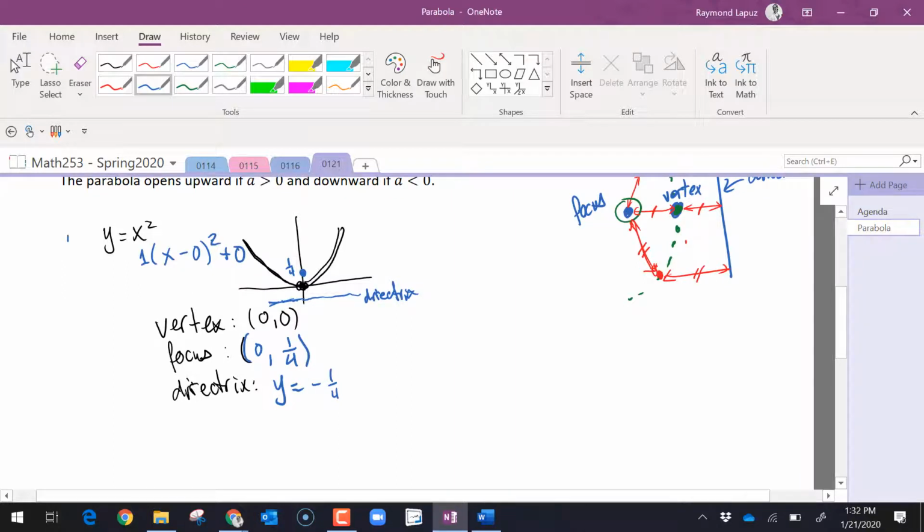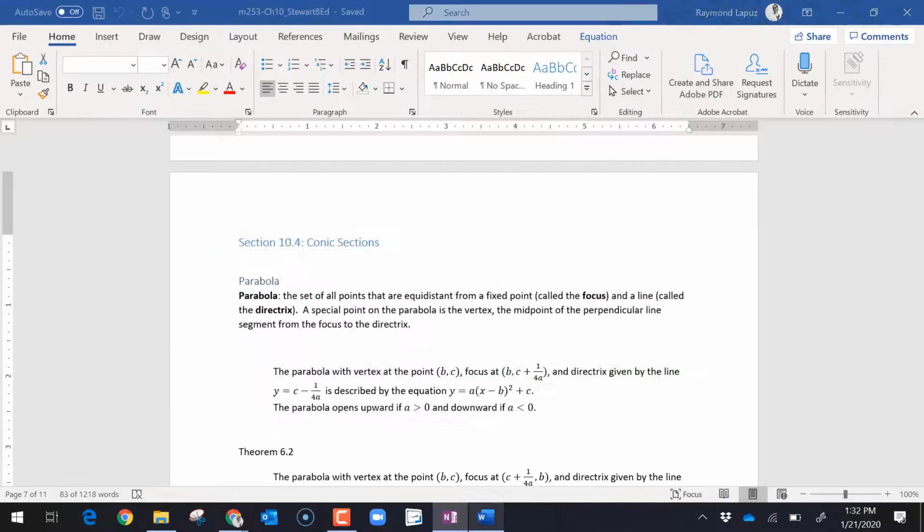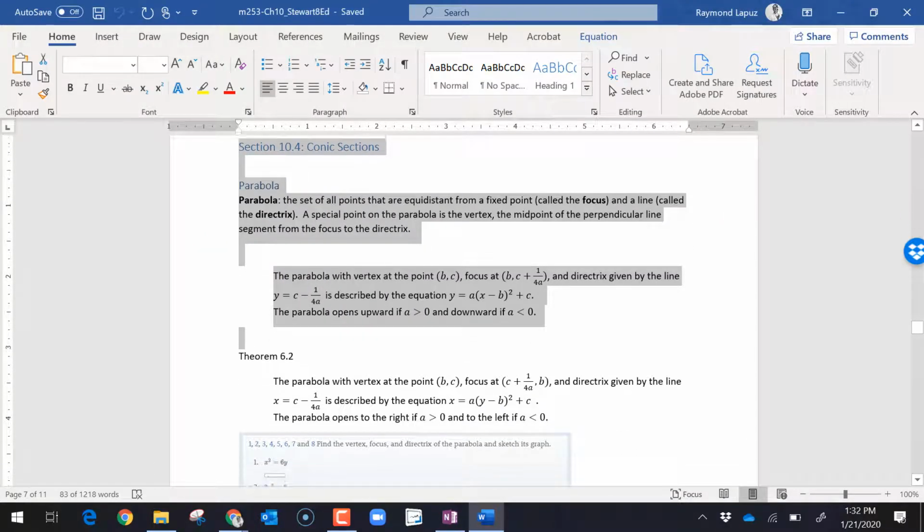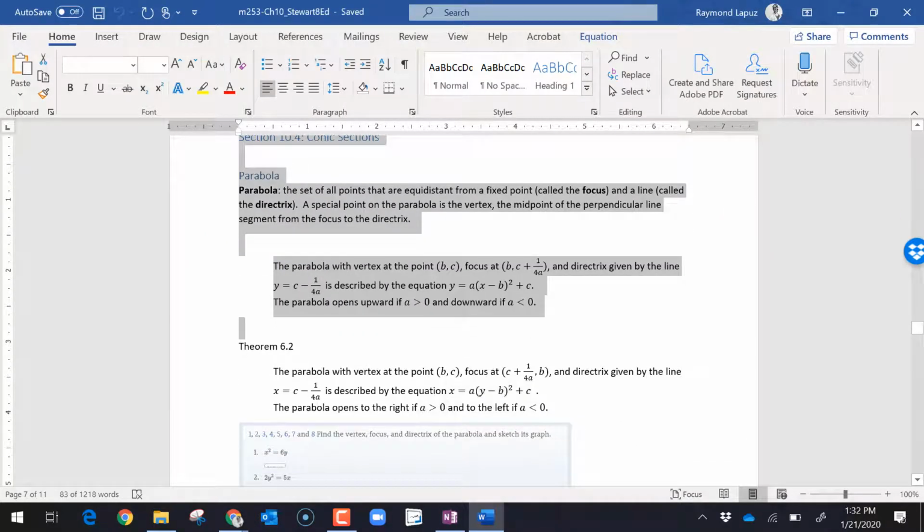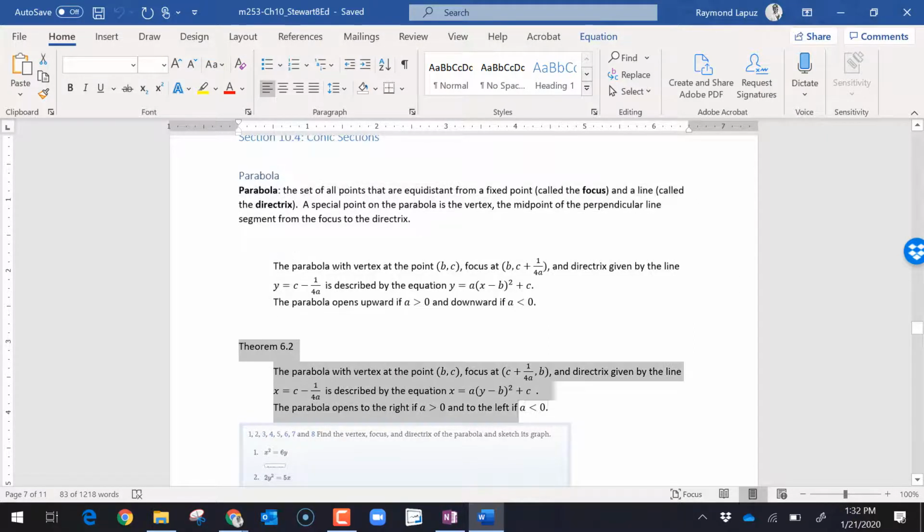So we could have these parabolas opening upward. We could also have parabolas opening sideways.